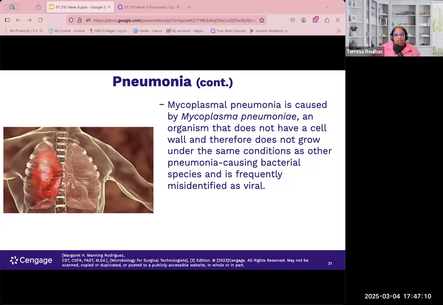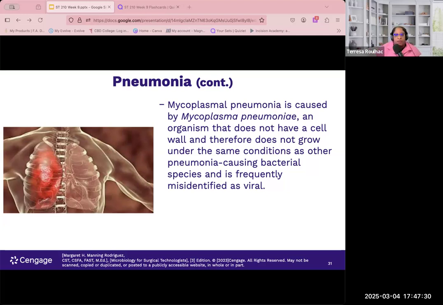It causes hemorrhagic necrotizing consolidation, also called lobar pneumonia. And this is where the alveoli are destroyed, leading to the formation of lung abscesses. So now you have abscesses in your actual lungs.